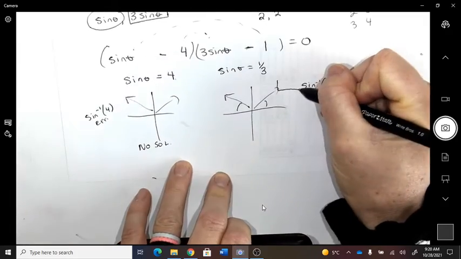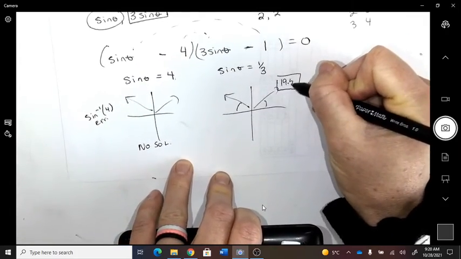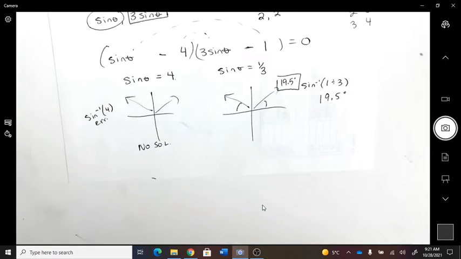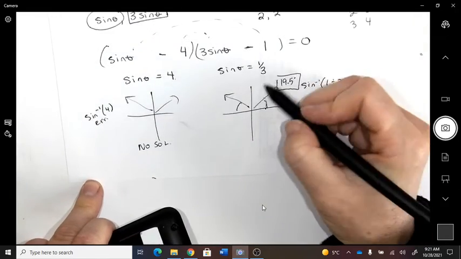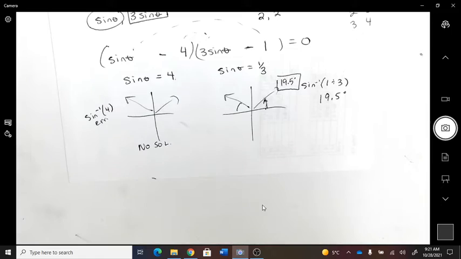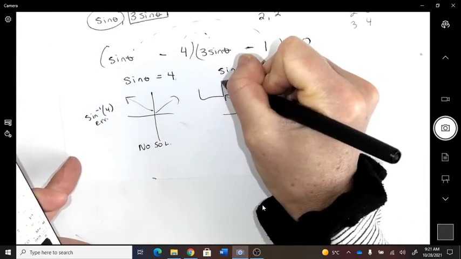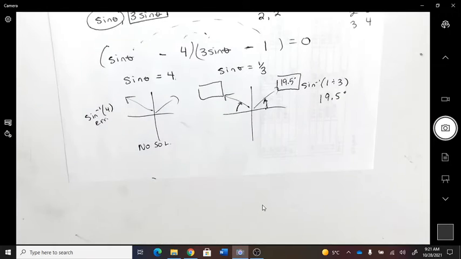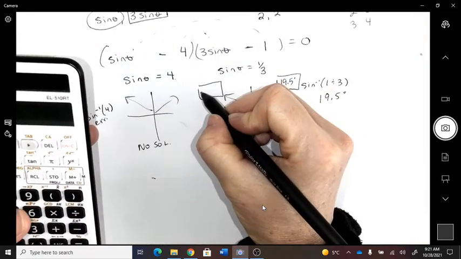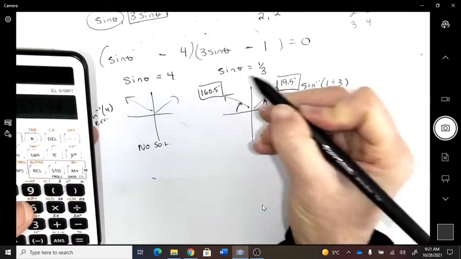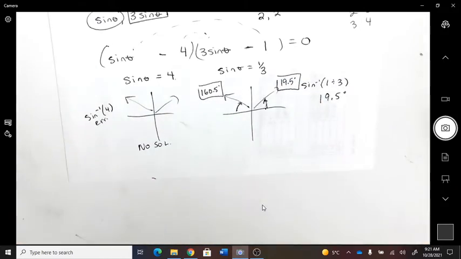That's just your reference. So, if you go 19.5 degrees bigger than 0, you're at 19.5. And if you go 19.5 smaller than 180, okay, one more.